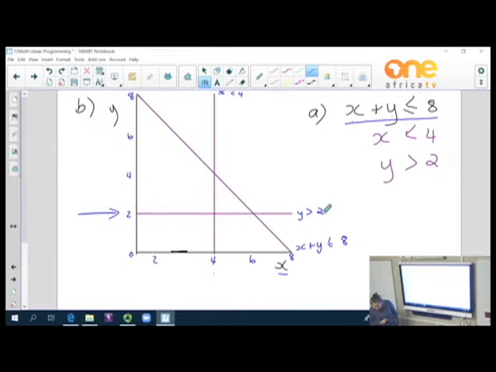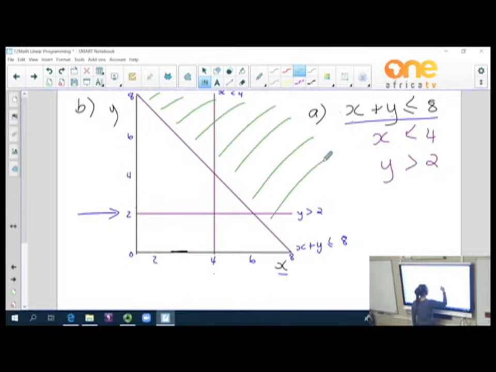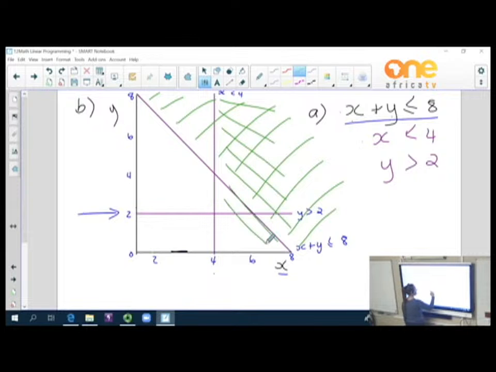It says draw an appropriate pair of axes, leave unshaded the region which satisfies all the inequalities. So x plus y cannot be more than 8, which means it is this part. Then we have x is less than 4, so it cannot be more than 4, which is this part.